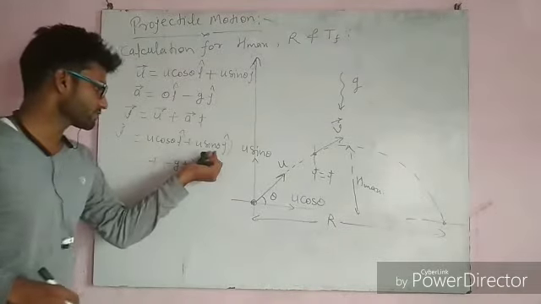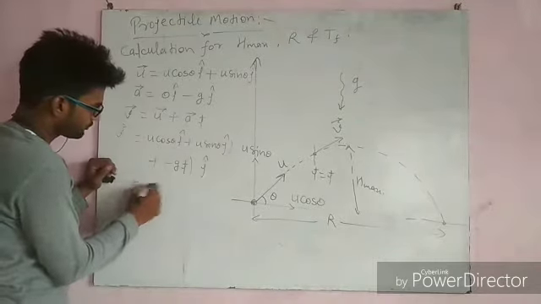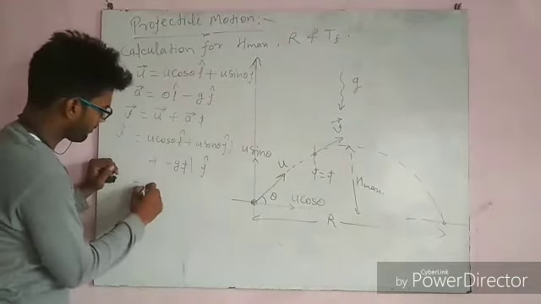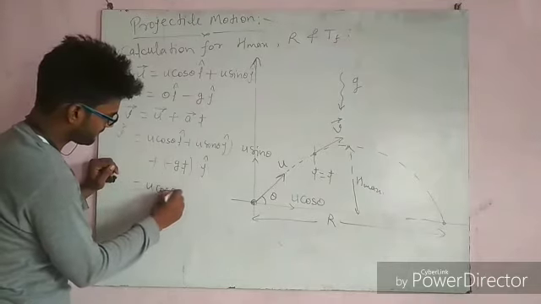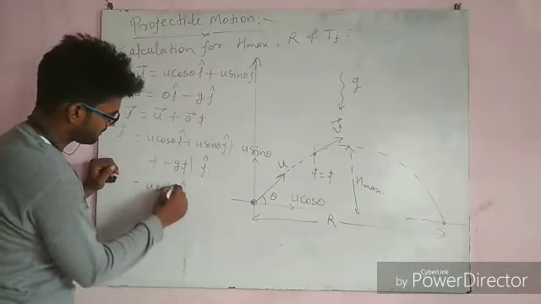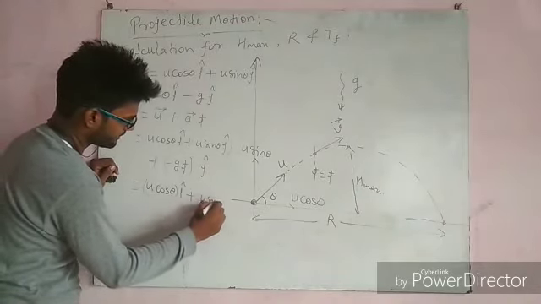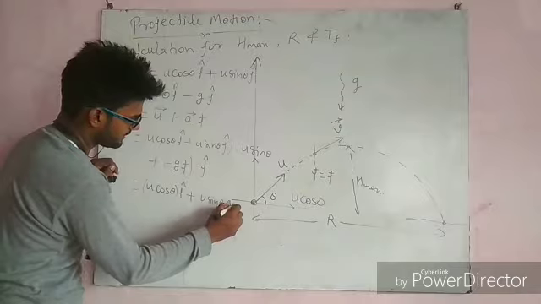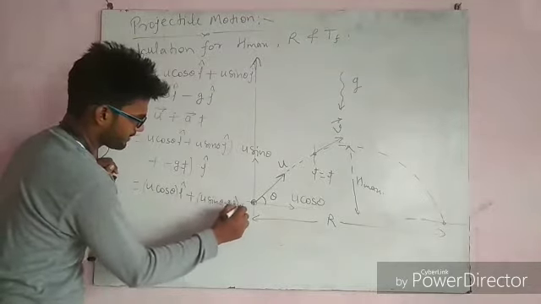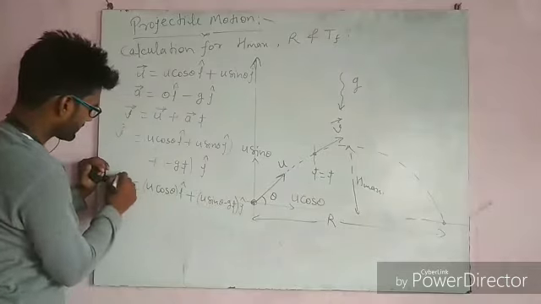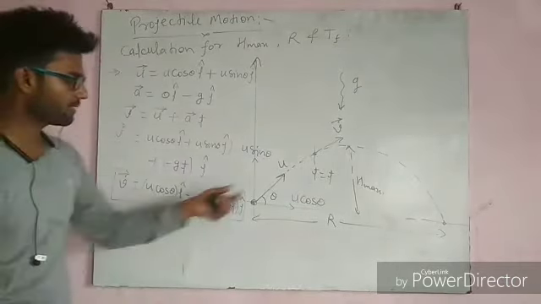So these two terms have j cap, so we can take j cap common and write like this: u cos theta i cap plus u sin theta minus gt j cap. So this is the velocity vector at any general time t.